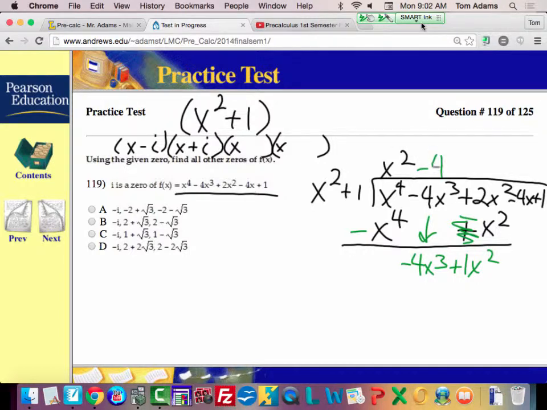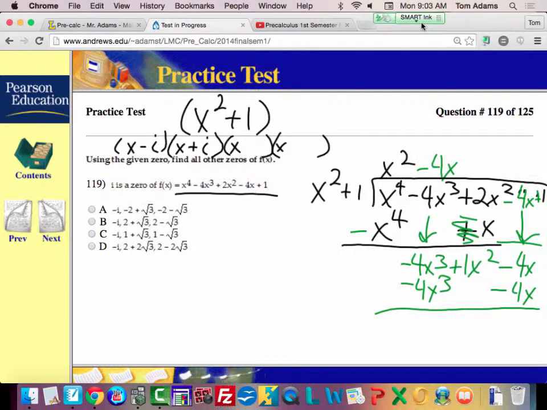So if I put a negative 4x and I multiply it through, I get my negative 4x cubed and then minus 4x. But now here's a weird thing. I need to drop this down. Whoops. This was minus 4x plus 1, right? Yeah. So I need to drop this down to minus 4x, and then I got minus 4x.